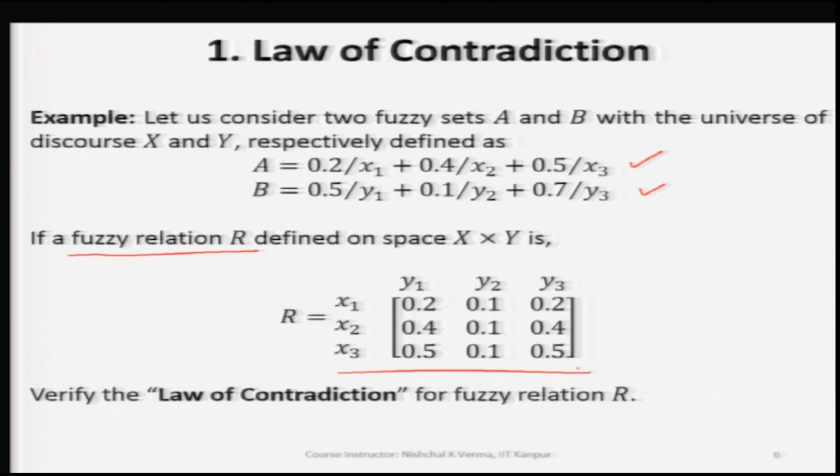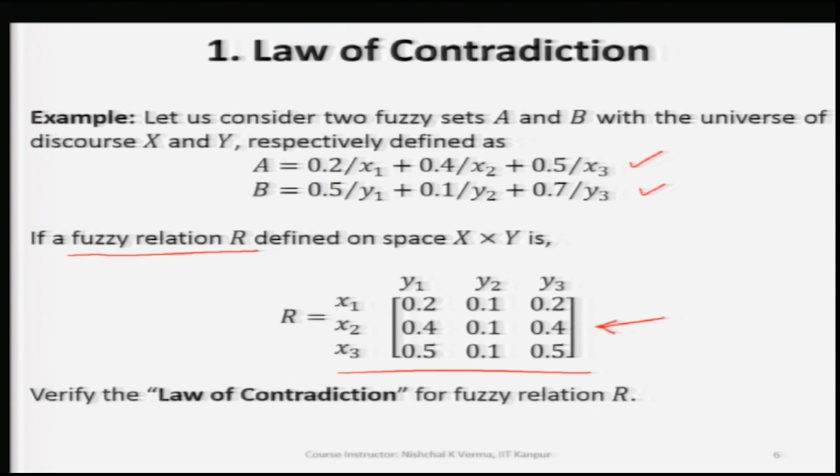This R we have gotten just by taking the Cartesian product of A and B. If we take the intersection of R and its complement, then it is not going to be the null matrix.